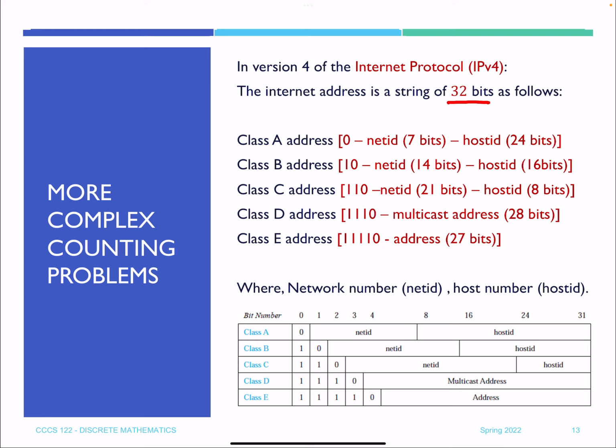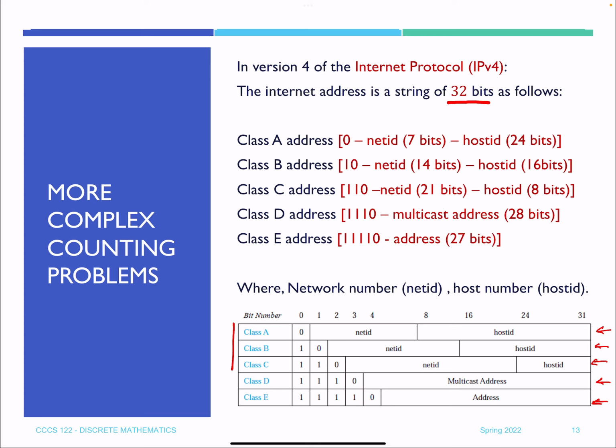There are class A, class B, and class C addresses, which you will frequently see. There are the class D addresses for multicasting, and class E addresses. We're going to stick to class A, B, and C addresses for this question. Each row is the structure, the rules of one class of addresses.